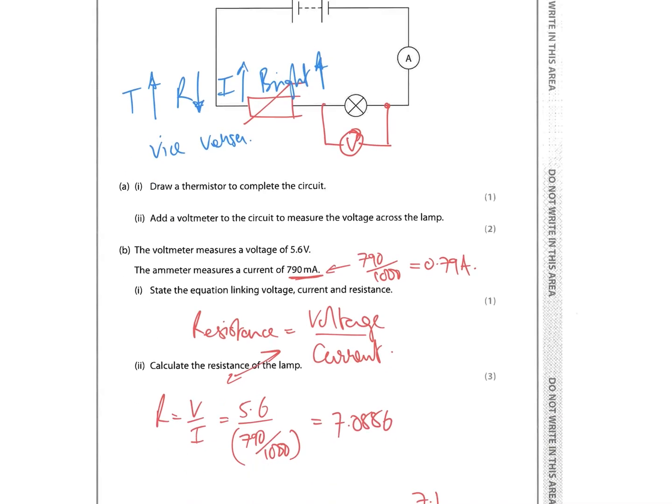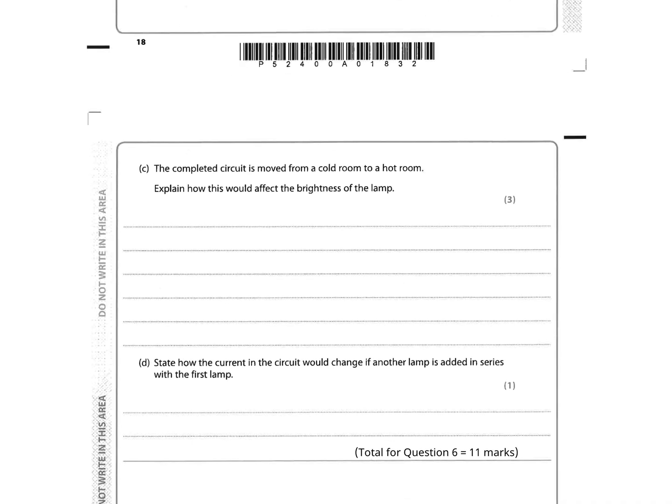So let's explain how it affects the brightness of the lamp. Well, if the temperature increases, the resistance of the thermistor decreases.